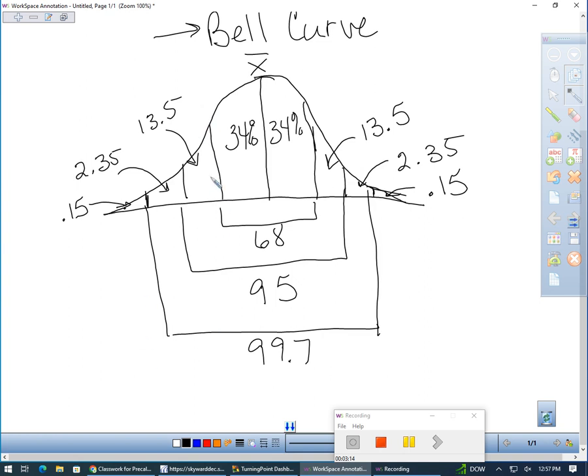Now, each one of these segments is called a standard deviation.